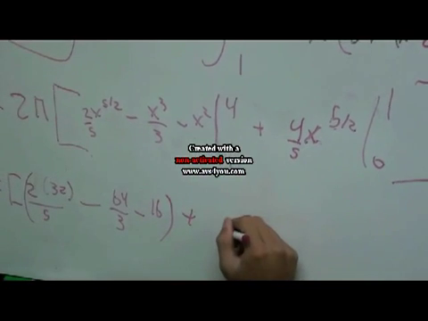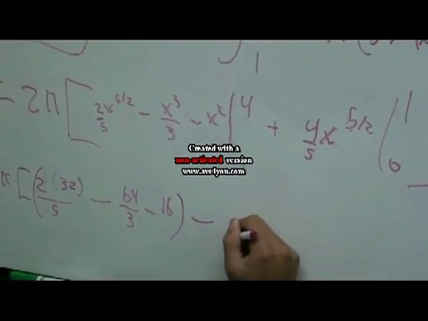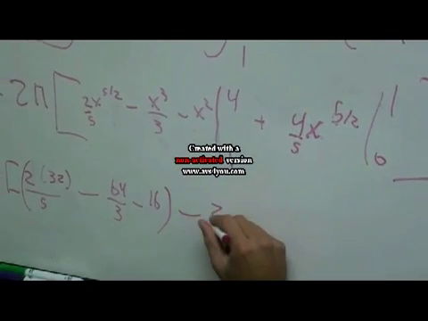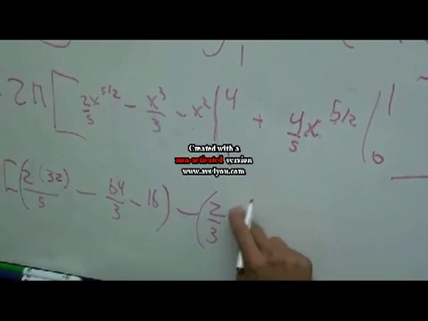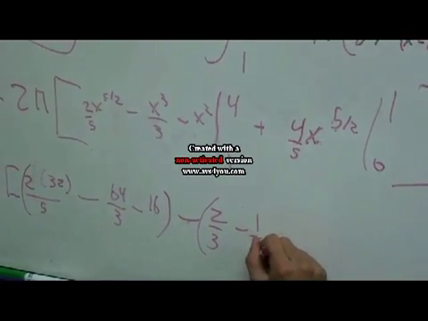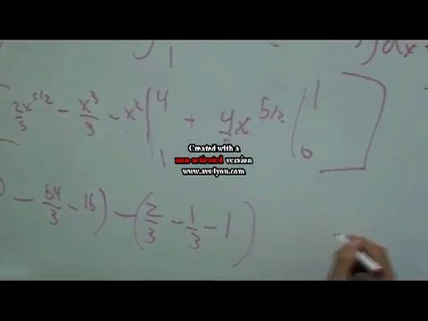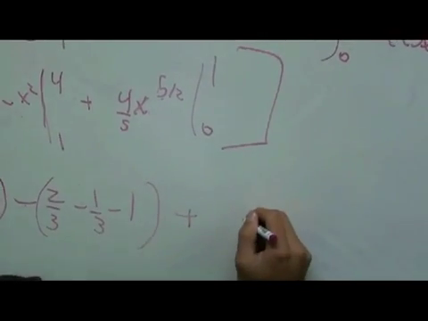And then all of that minus. Now we put 1 into here, so that's just going to be 2/3, 1 minus 1/3 minus 1. And again, plus our other integral.